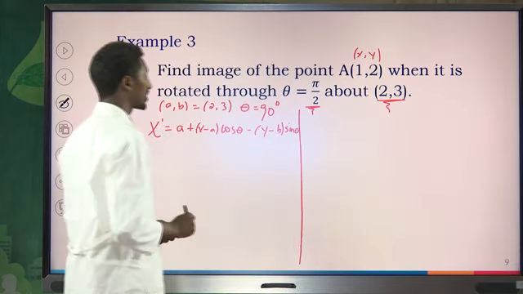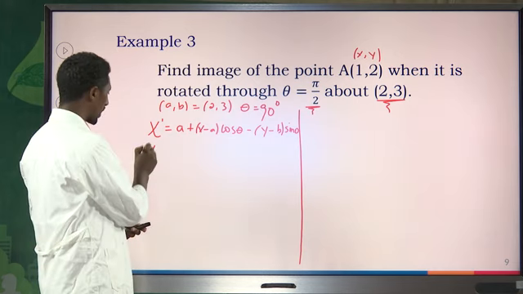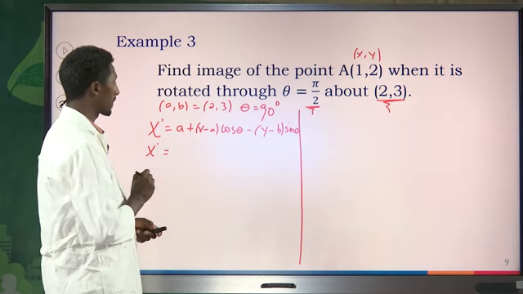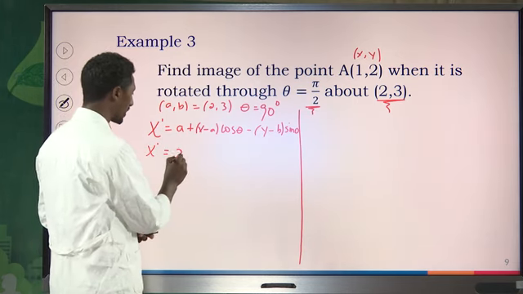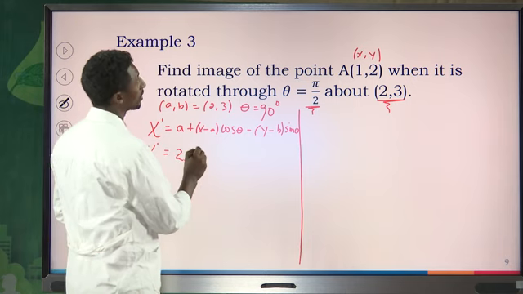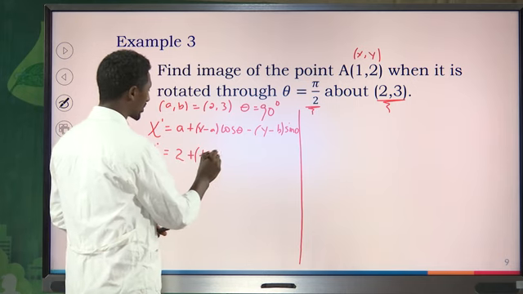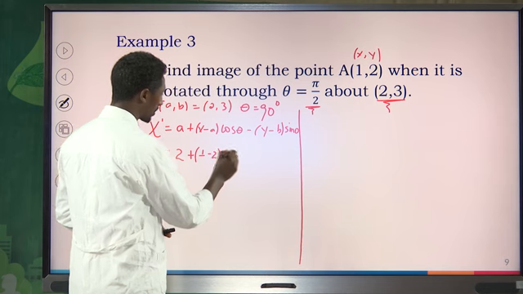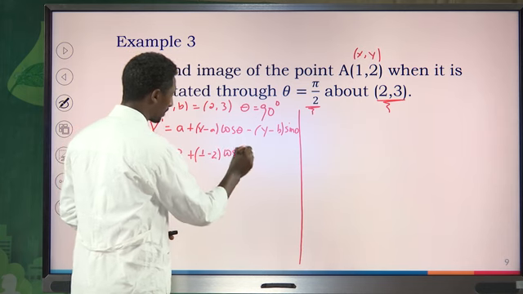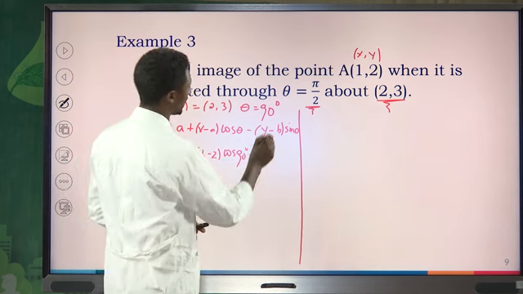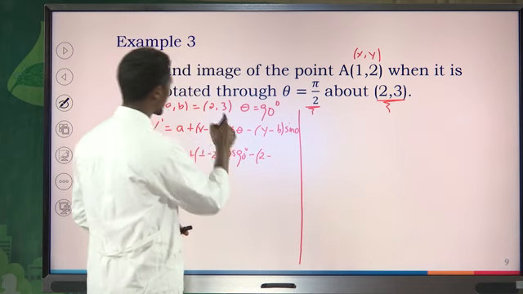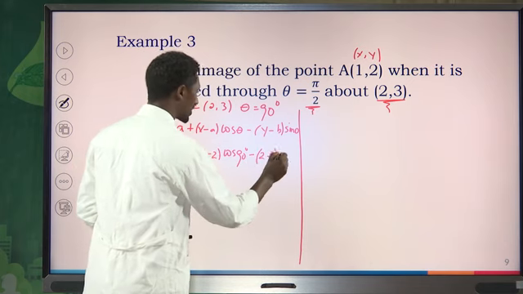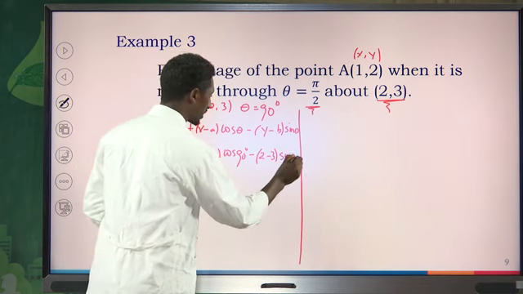So, what is the value of x prime? x prime equals 2 plus (1 minus 2) cos 90 degrees minus (what's y? That is 2, minus b, 3) sin of 90 degrees.